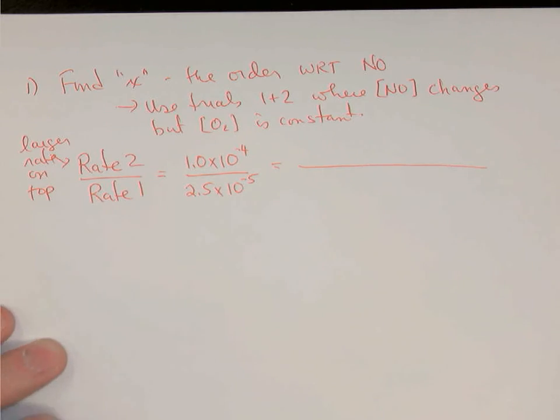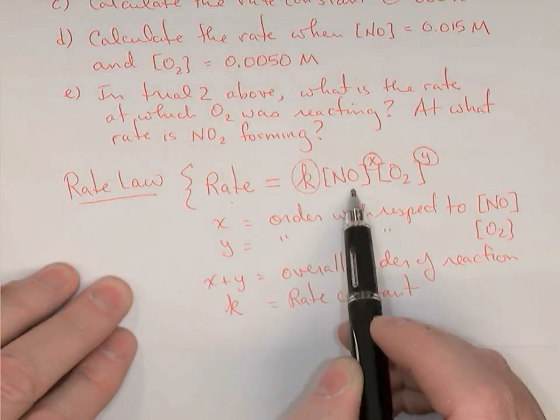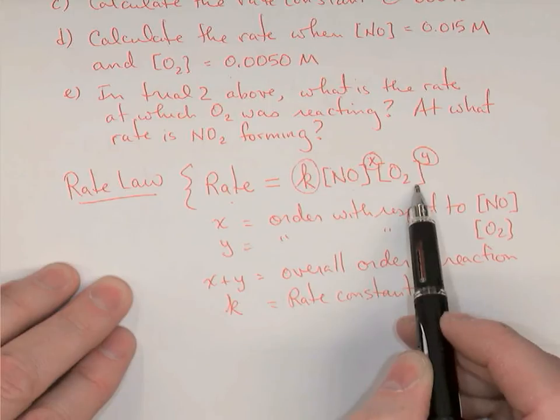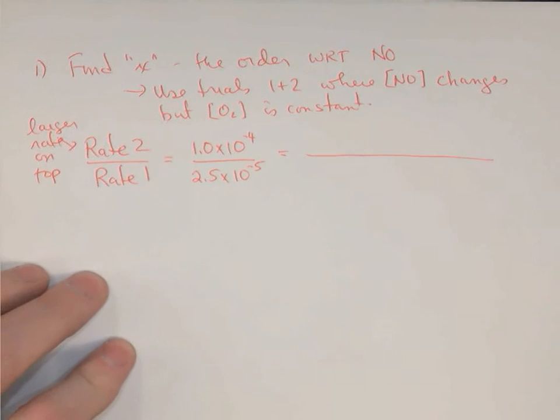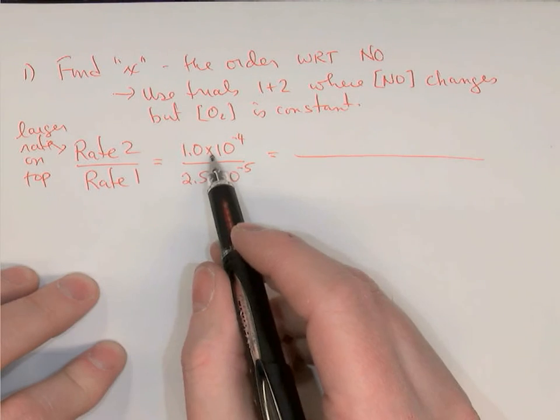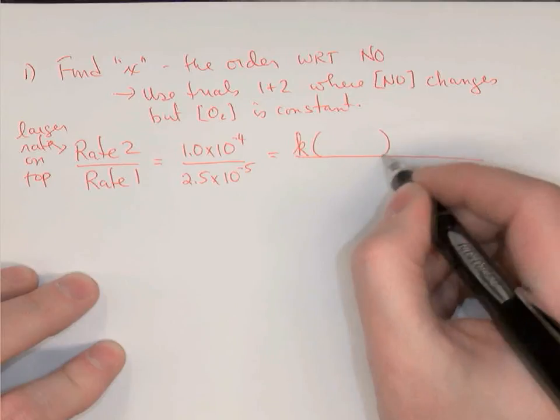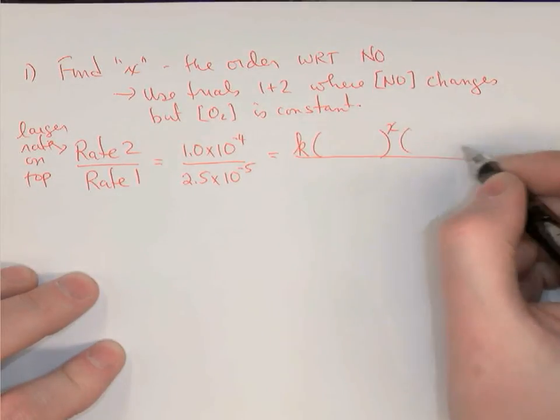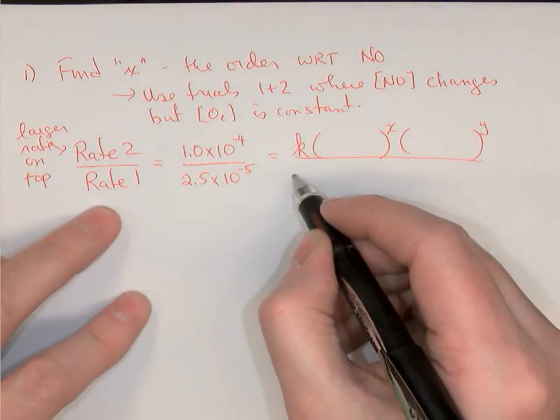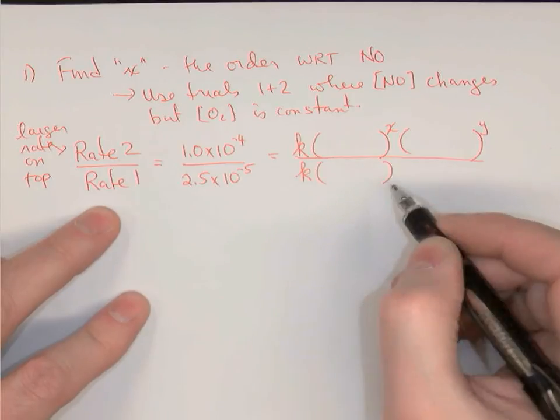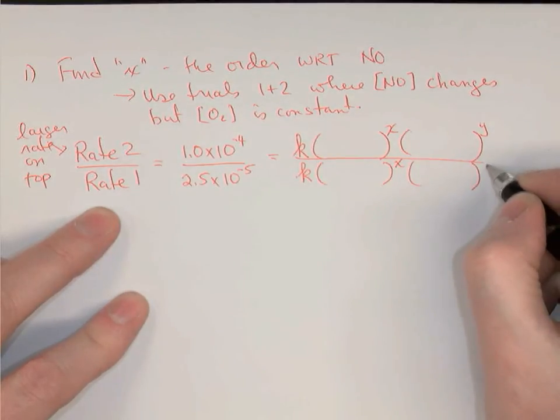We said that in our rate law the rate was equal to a constant times NO's concentration to the power of X times oxygen's concentration to the power of Y. So let's take that logic, and over here in this statement, rate number 2 had to equal 1 times 10 to the minus 4, but that has to equal this constant times the concentration of NO to the power of X times the concentration of O2 to the power of Y. In the same way, on the denominator, rate 1 also has to equal K times the concentration of NO to the power of X times the concentration of O2 in trial 1 to the power of Y.